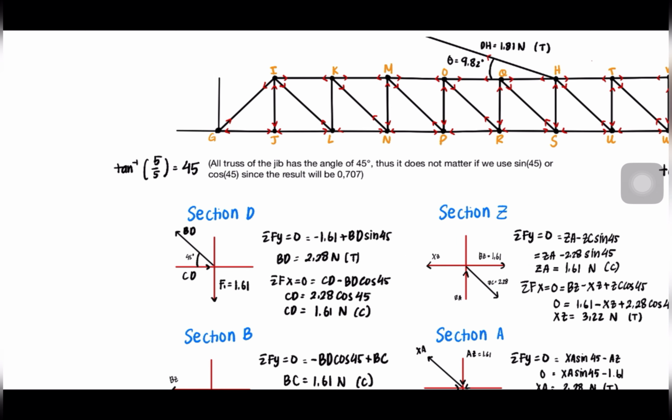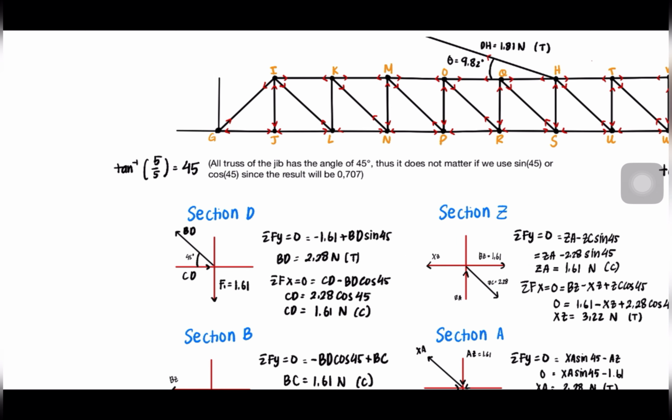So all thrust members of the jib have an angle of 45. Thus it does not matter if we use sin or cos, since the result will be 0.707.